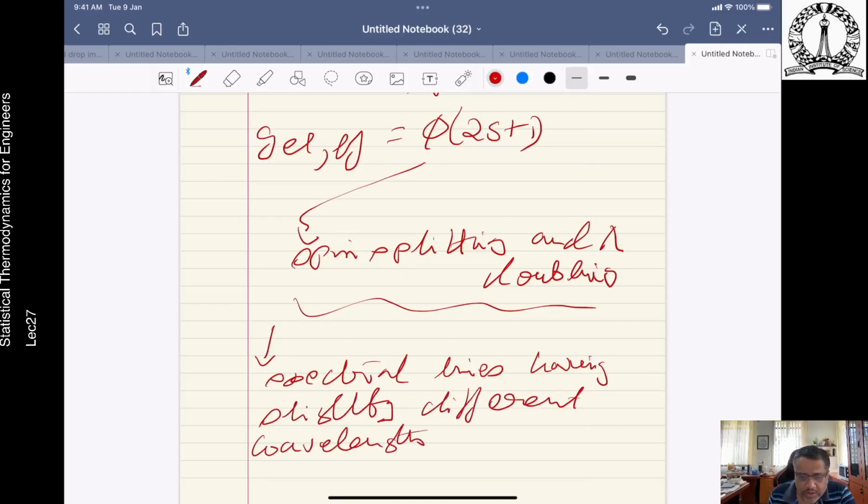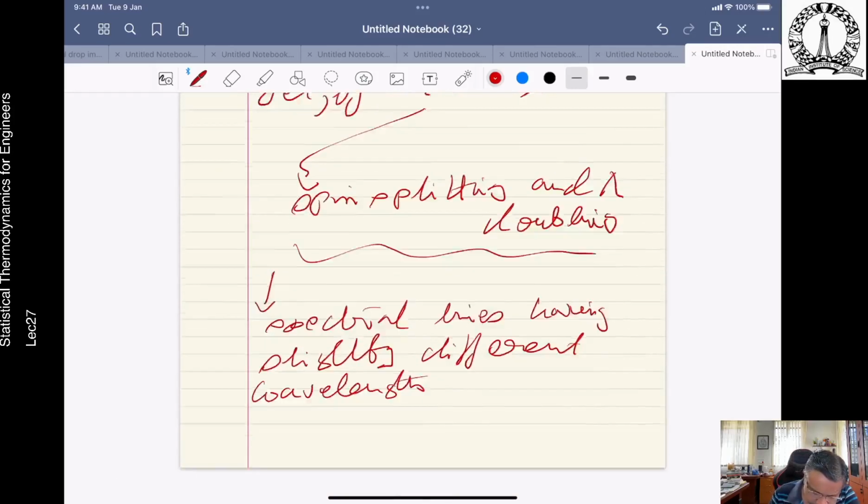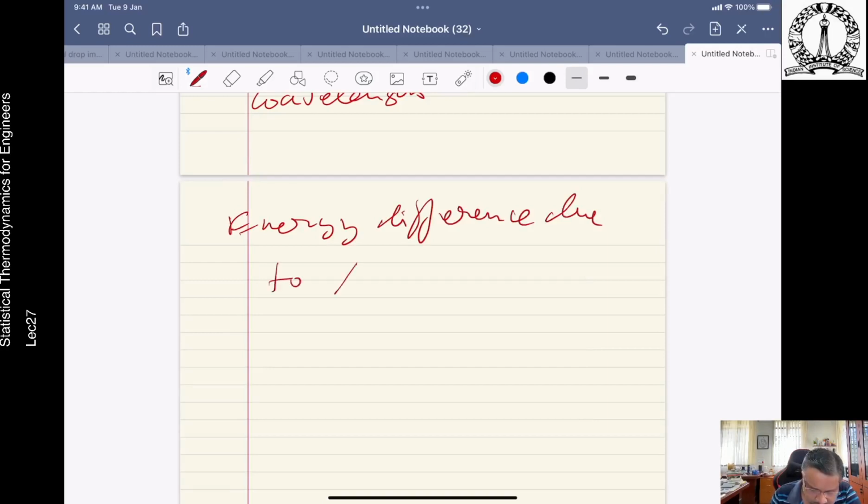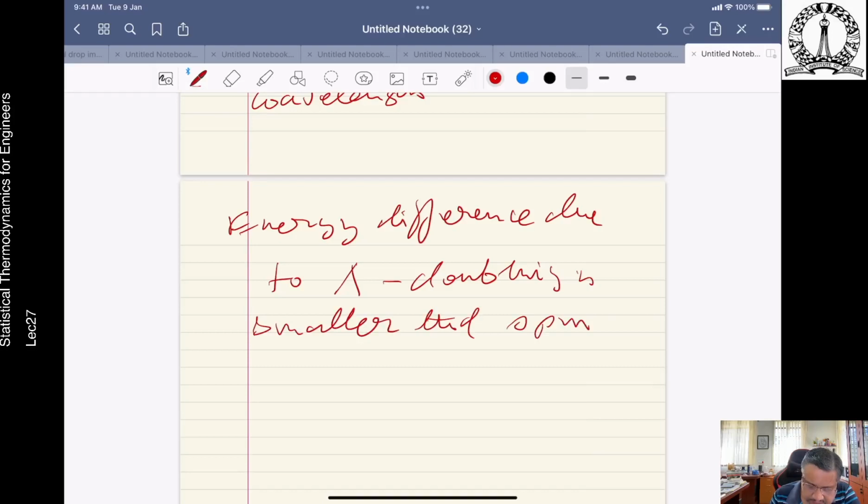However, one thing that you should note here is that the energy difference due to gamma doubling is smaller than spin splitting. All right. So this is akin to the atomic case.